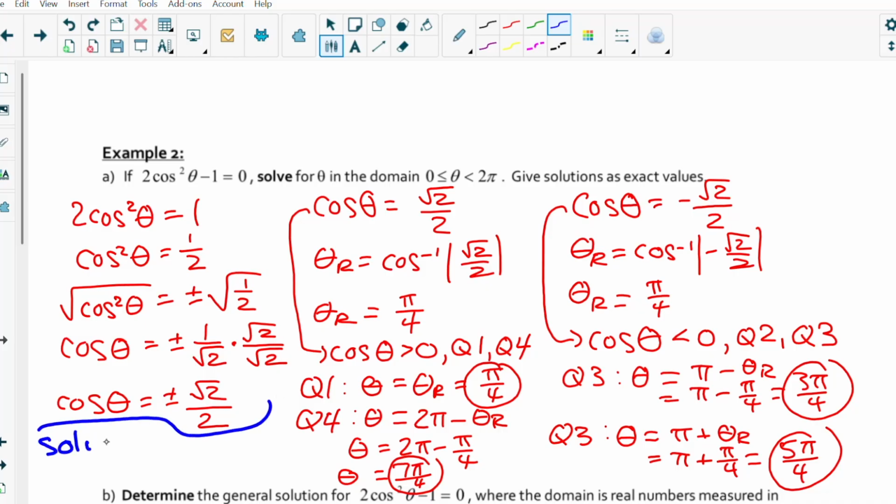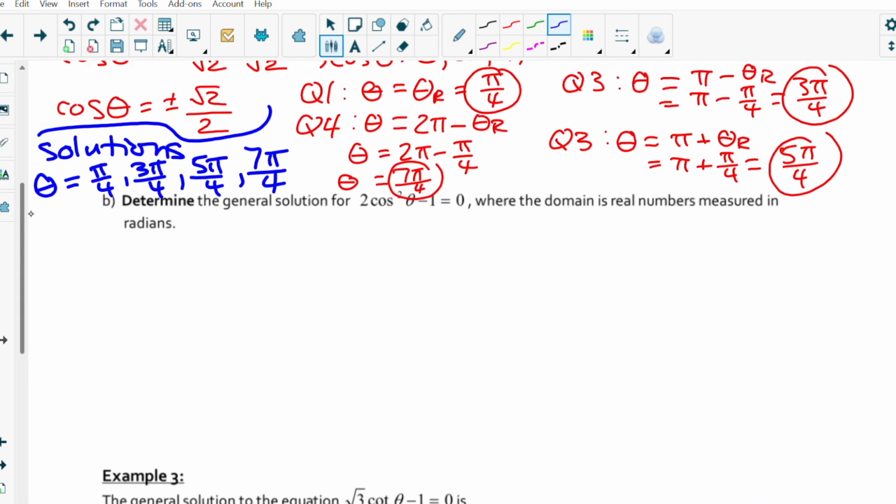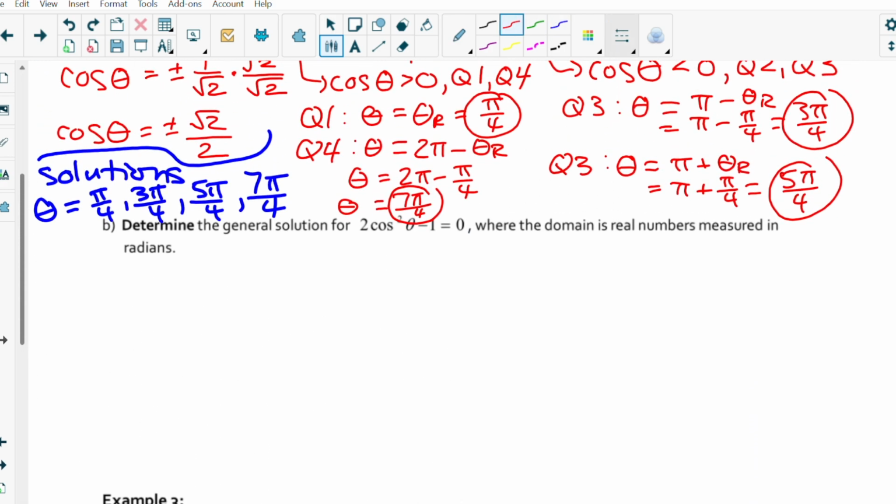Okay, so off to the side, my solutions, they want exact solutions in the domain 0 to 2 pi. So my solutions are theta equals pi over 4, 3 pi over 4, 5 pi over 4, and 7 pi over 4.